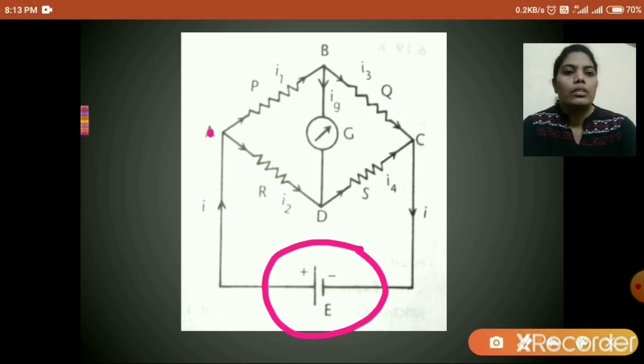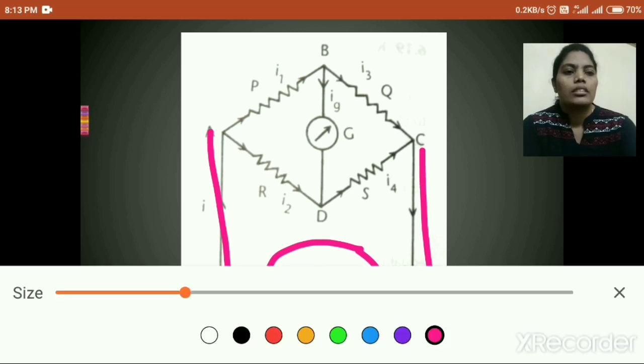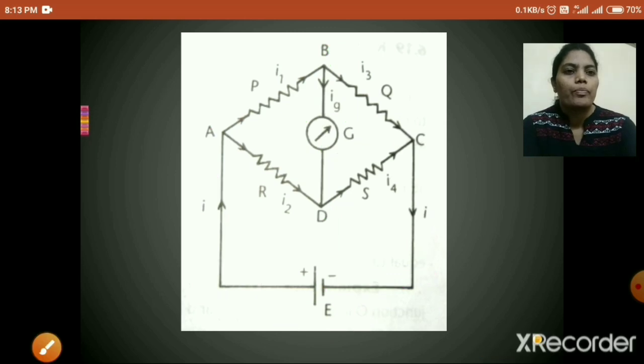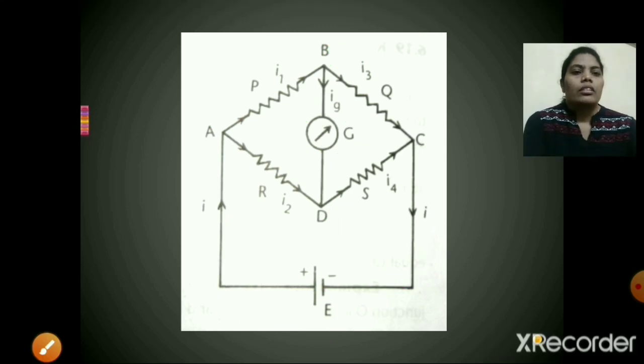So this is at A and C, and the galvanometer which is at B and D. Now there are four resistors P, Q, R, S.